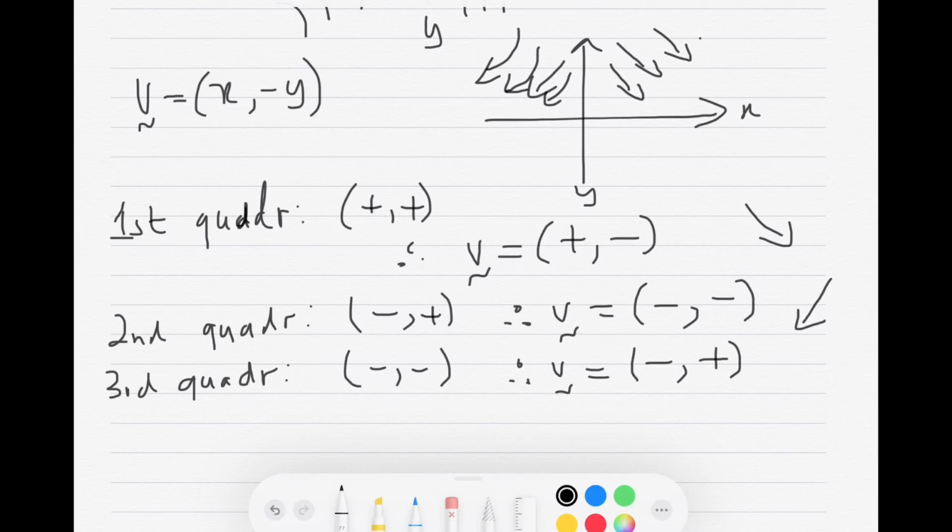Now, a vector having negative, positive signature will be a vector pointing towards the second quadrant. So that in the third quadrant, the direction of the vector fields would be pointing towards the second quadrant. So that when we go back there, that will be the general direction, like so. The fourth quadrant.